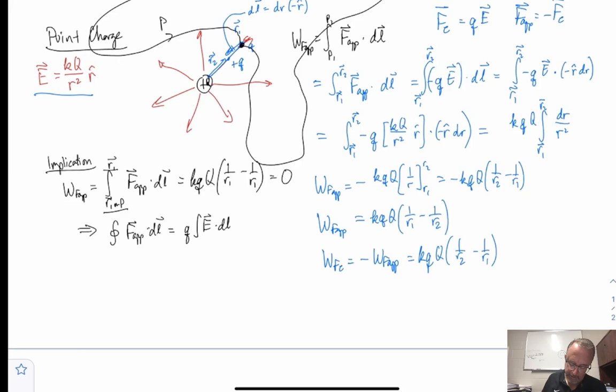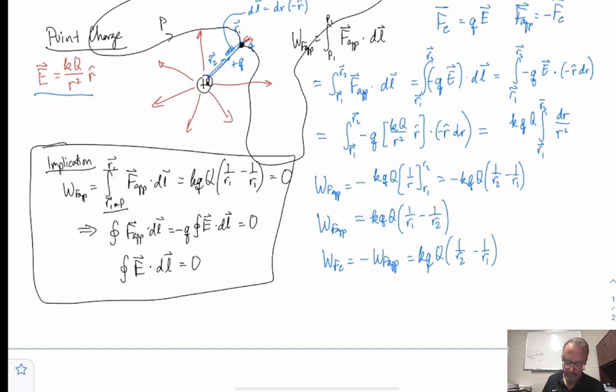And you say, well, there's a negative sign in there. Okay, fine, there's a negative sign in there. But the point is that this equals 0. And so if I divide that negative q out, I can come up with this general principle, that the closed path integral of the electric field dotted into the path is equal to 0.